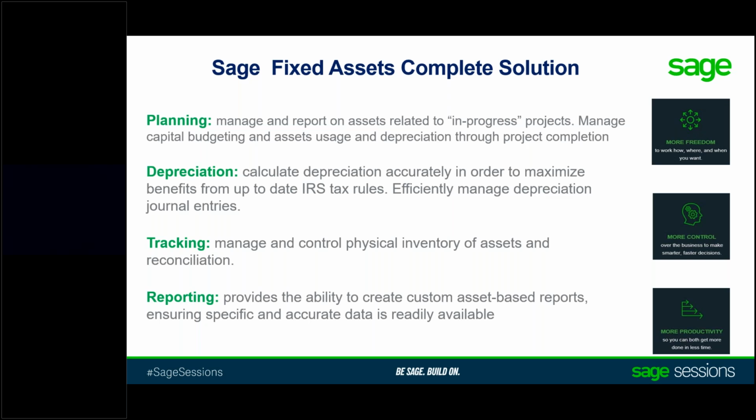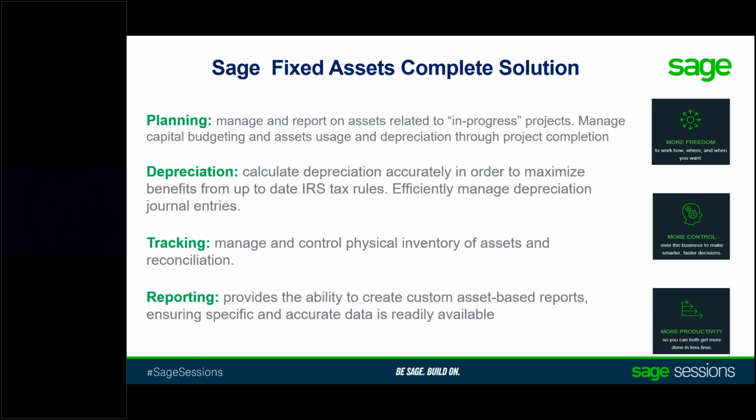So if you've got ongoing or recurring projects and you need to be able to manage the budget for these, that's the module that would actually handle that. We'll talk about a depreciation module, which is the heart of the solution, where you will handle all of your depreciation for tax or for GAAP. The tracking module as well for doing physical inventory, and the custom reporting feature.